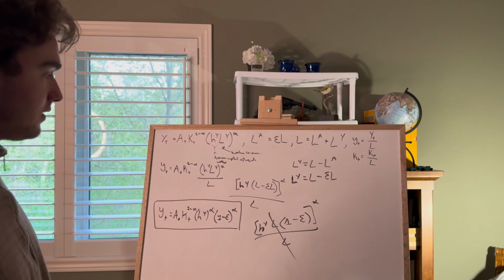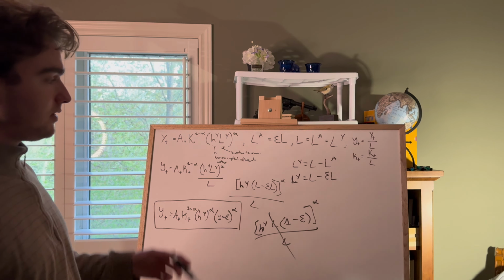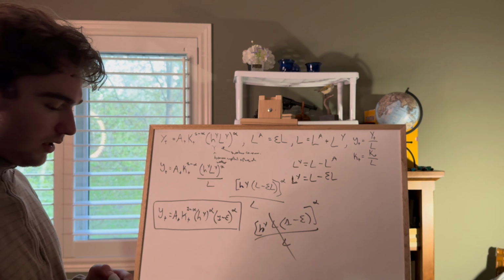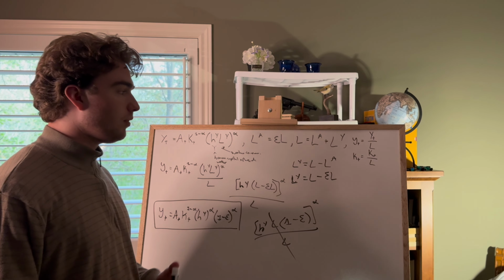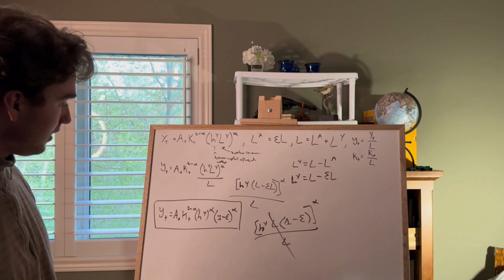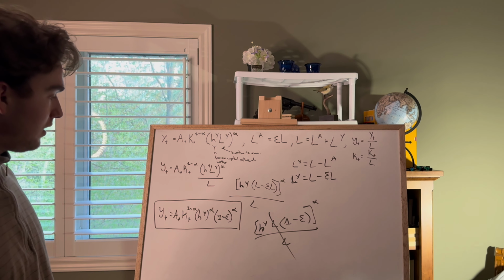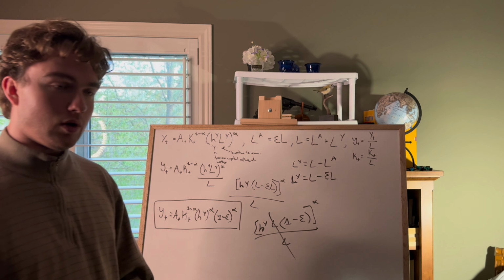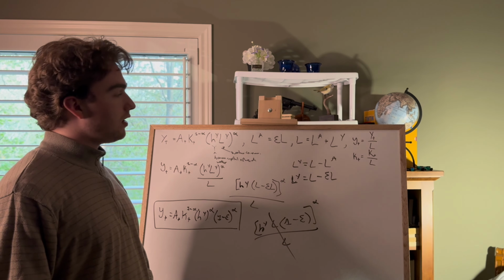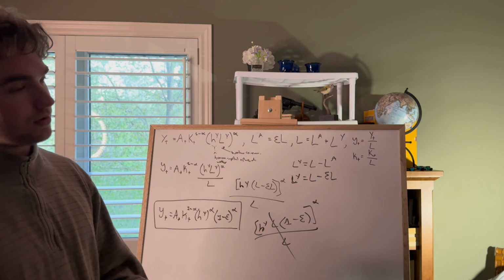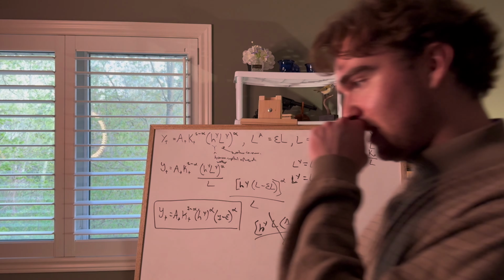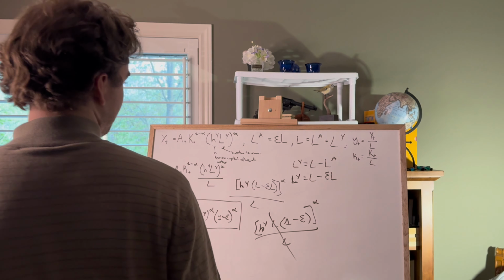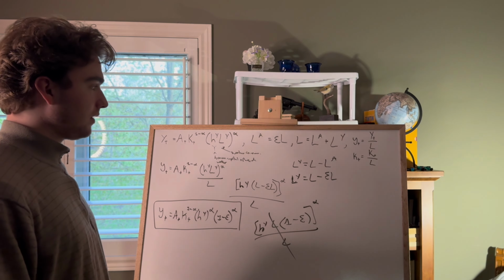This is correct. So this is your per capita income or output function at time t for the Solow-Swan endogenous technological progress model.